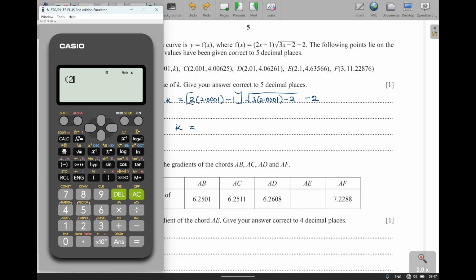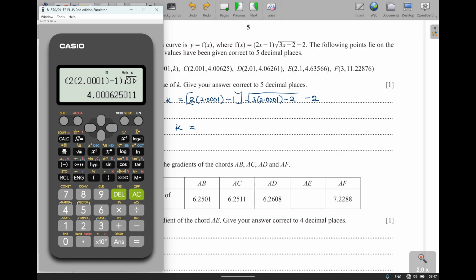We have 2 into 2.0001 and then minus 1. Then I can close those brackets. Then we have the square root of 3 into 2.0001. Then close, minus 2. Then after that, minus this 2 here.